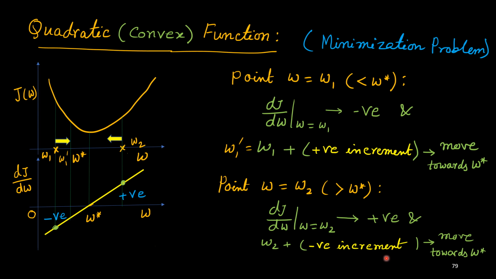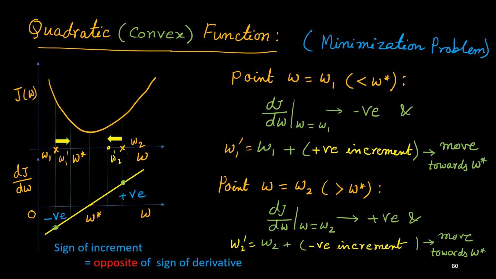Then w2 prime here will be closer to w star. From this discussion, you see one thing, the sign of this increment.